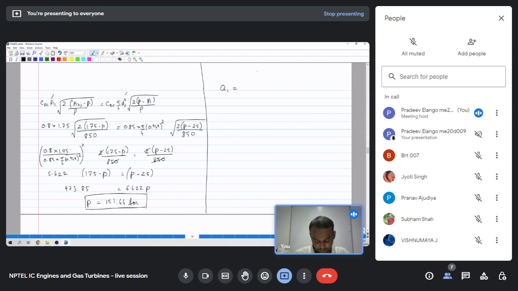Now, assuming we have got the pressure P as 151.64 bar, then to find the flow rate, we can make use of any one of the equation 1 or 2. Then I am using equation 1, then I have CD1 A1 under root 2 into P injection minus P divided by rho. So this is 0.8 into 1.75, 2 into 175 minus 151.64 divided by density, which is 850.